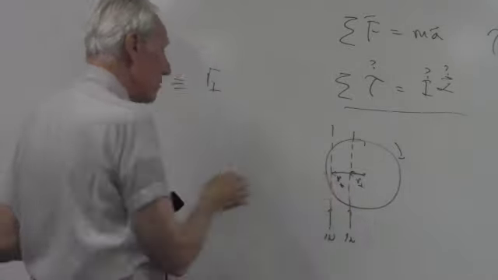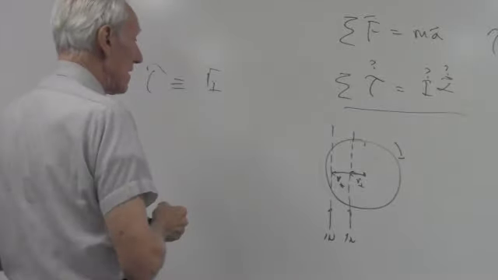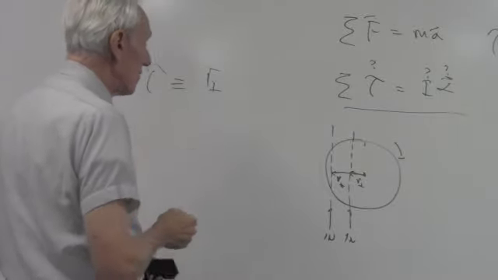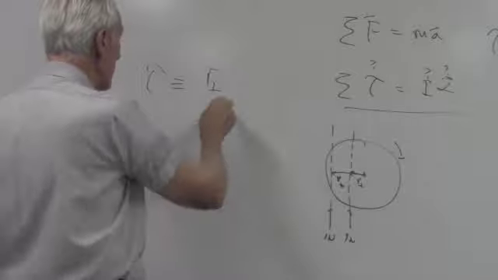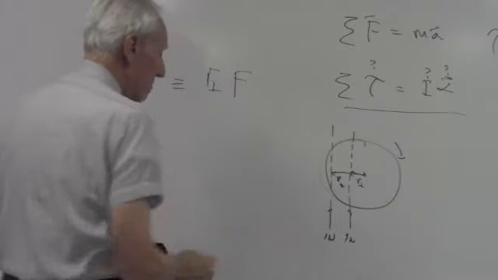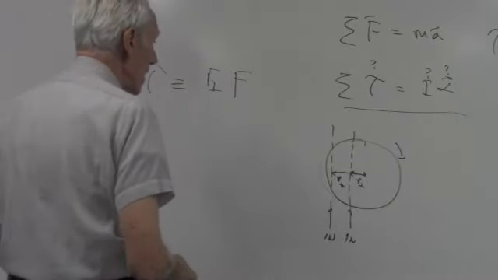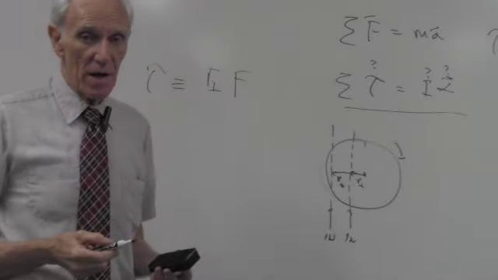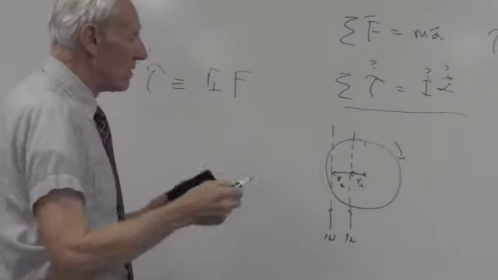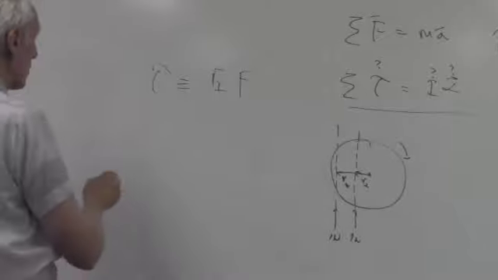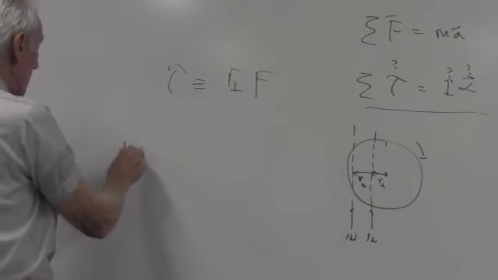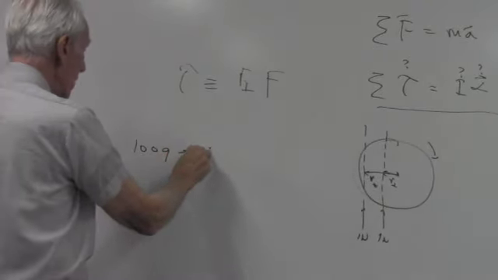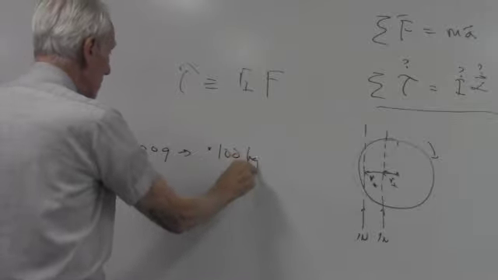So it's more complicated. I don't know if you've gotten to that in your class or not, but that's what the perpendicular means, times the force you apply, say 1 Newton force. That's roughly the force we're going to apply. You probably remember from earlier experiments, we're going to have 100 grams, which is 0.1 kilograms.